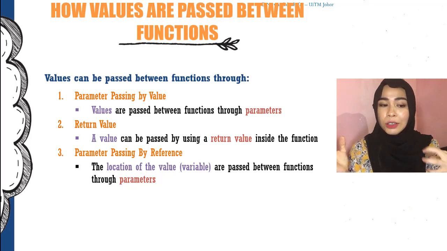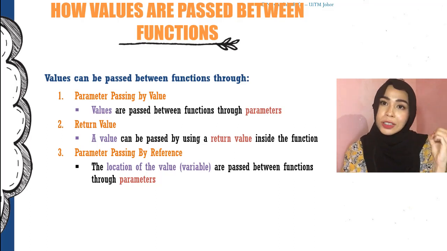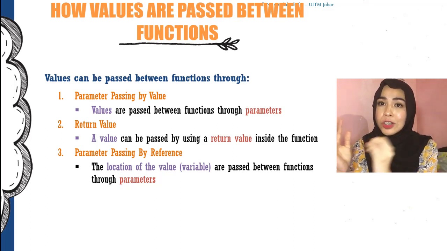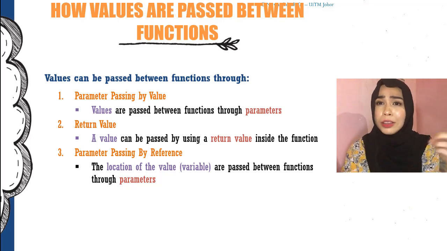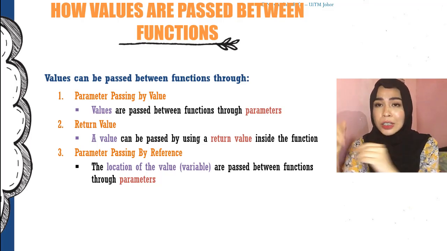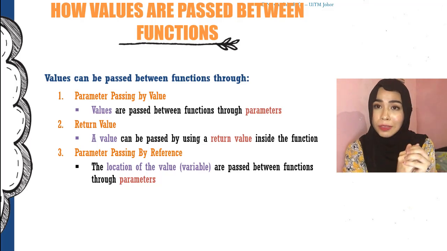If we use a parameter passed by reference, we're not sending just the data, we're sending the location as well, meaning that we're kind of sending the variable itself to this function, so that this function can automatically update the data back to the one that calls it.